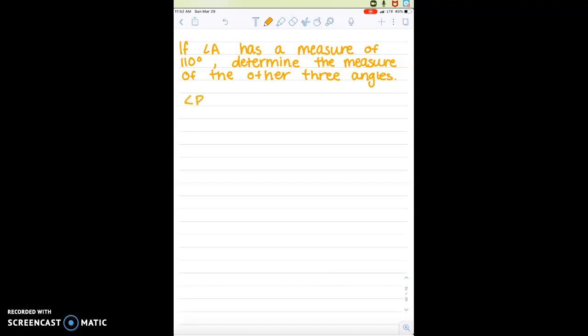So that means we're going to find the measure of angle B, angle C, and angle D.